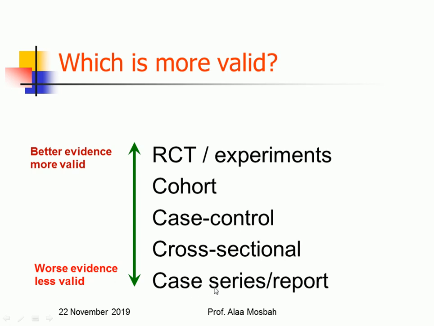Case series. Better is the cross-sectional, better still is the case control, better still is the cohort study. Then the best evidence is the randomized clinical trial. And the grade of evidence increases to level B or A when you reach a randomized clinical trial in a multi-centric study all over the world.